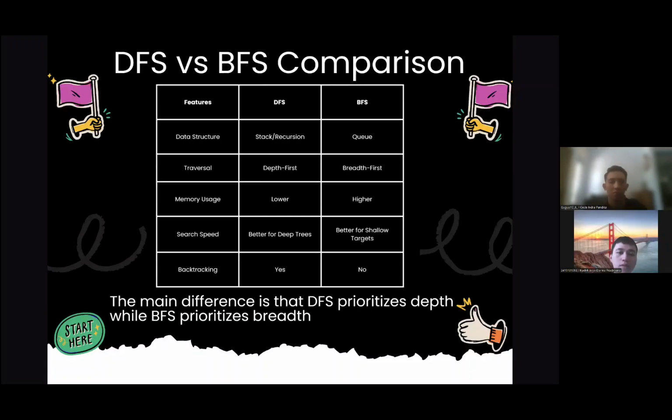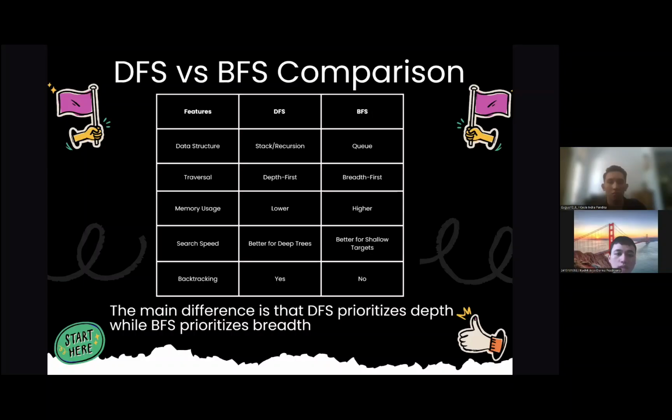This is the comparison between DFS and BFS. From the structure, DFS uses a stack or recursion, BFS uses a queue. For traversal, DFS uses depth first and BFS uses breadth first. Memory usage: DFS consumes lower memory and BFS consumes higher memory.